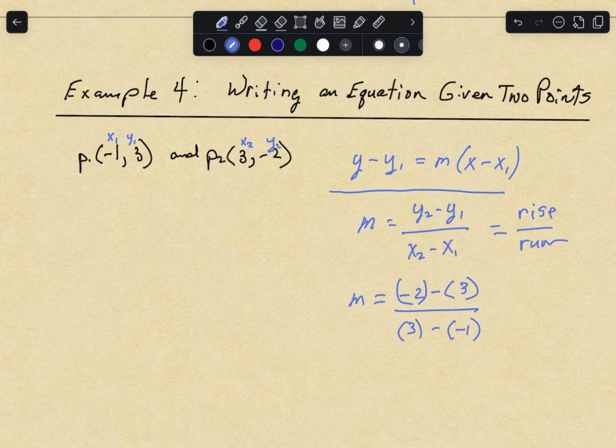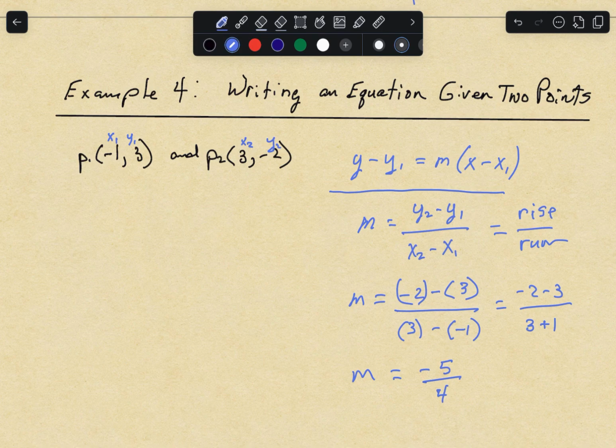If we clean this up, this becomes negative 2 minus 3, and this becomes 3 plus 1. The slope would be negative 5 over plus 4, and that is your slope for this equation.